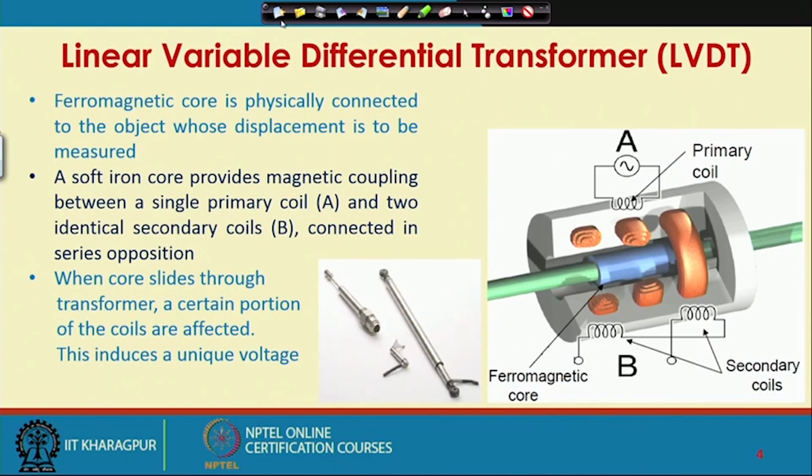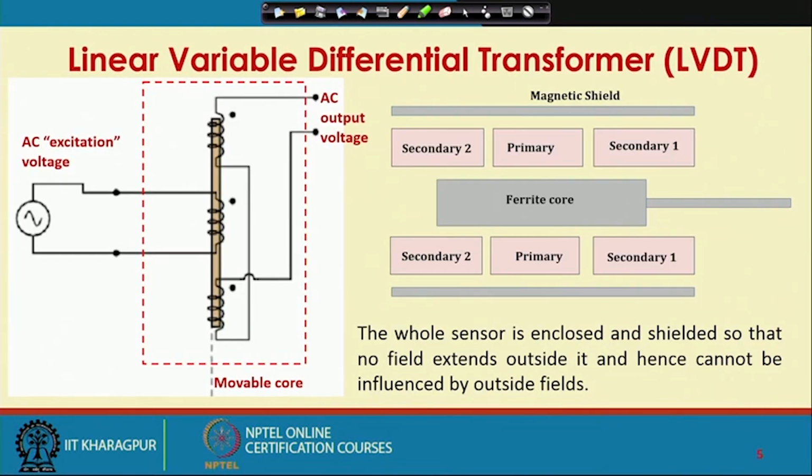This will be more clear if we take a look at another figure. So, you have a primary coil and you have two secondary coils connected in series opposition.